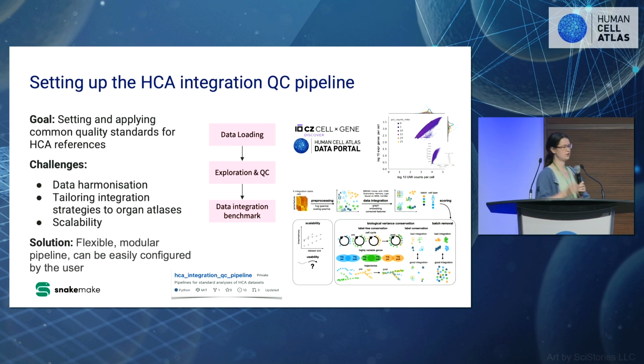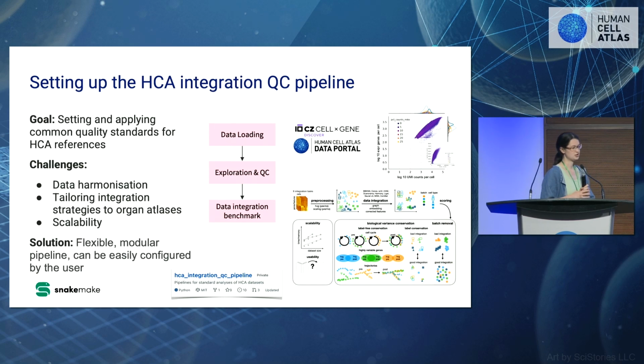And the goal of this end-to-end pipeline is, while setting up the different standards of what a good HCA reference is, also encoding that in reproducible code so that we can actually apply this to the reference atlases that we build.